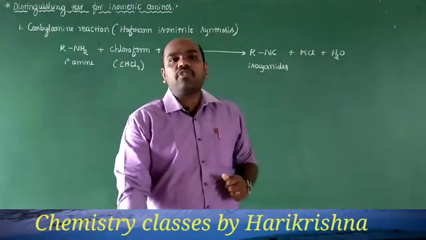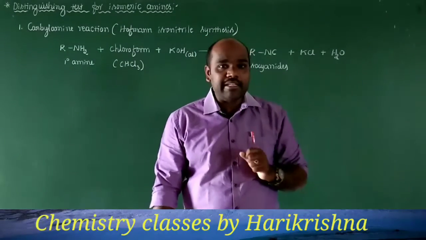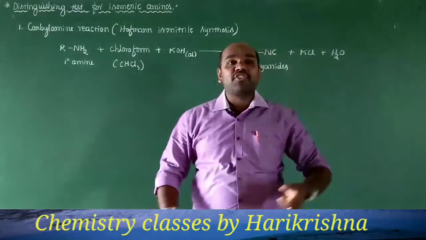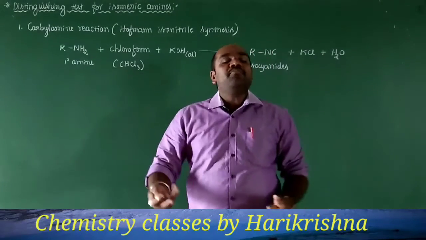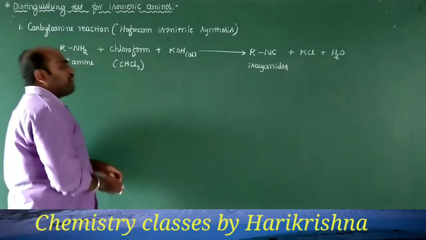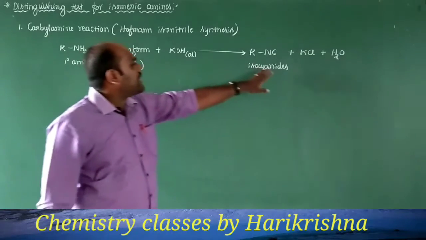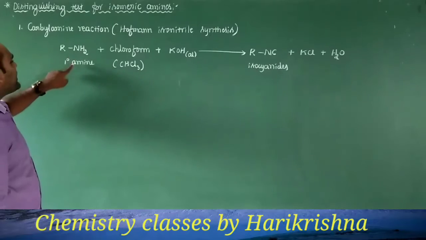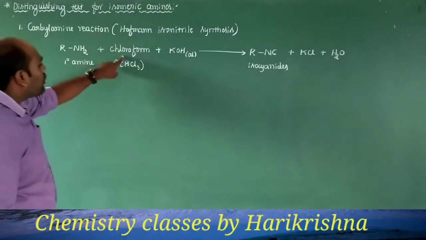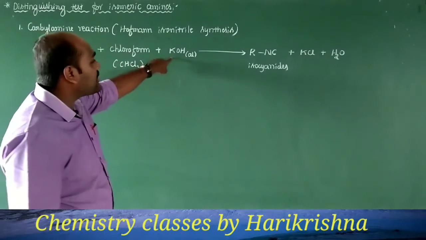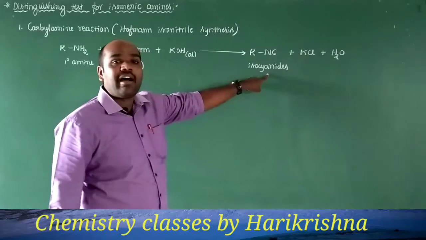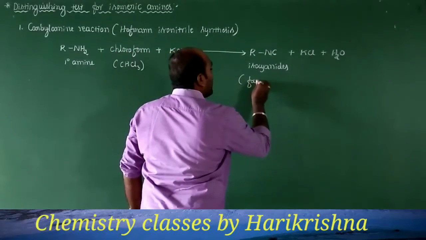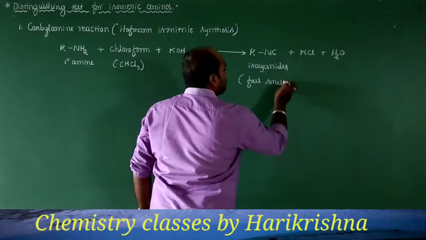One question may come to our mind: how are we going to judge whether the isocyanide formation has happened or not? There is a very easy way to predict it. If the amine taken is a primary amine, with chloroform and alcoholic KOH, soon after formation of the isocyanide, you get a foul smell.